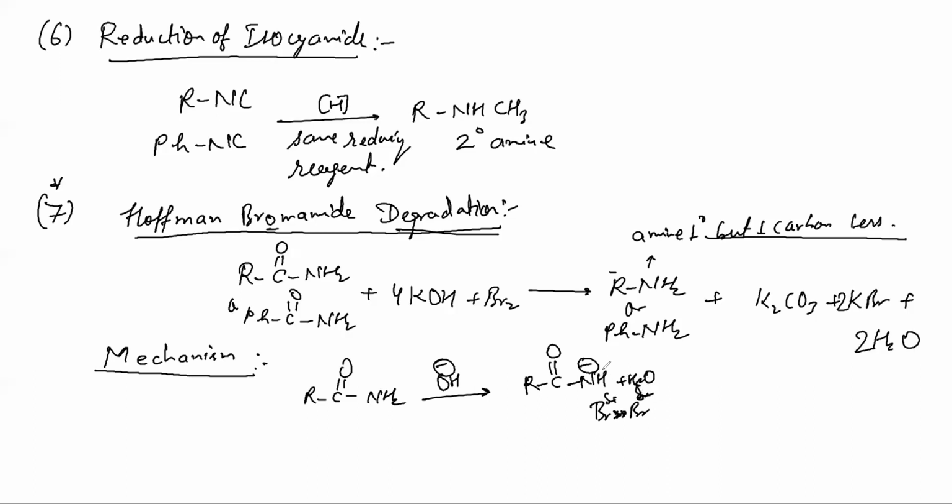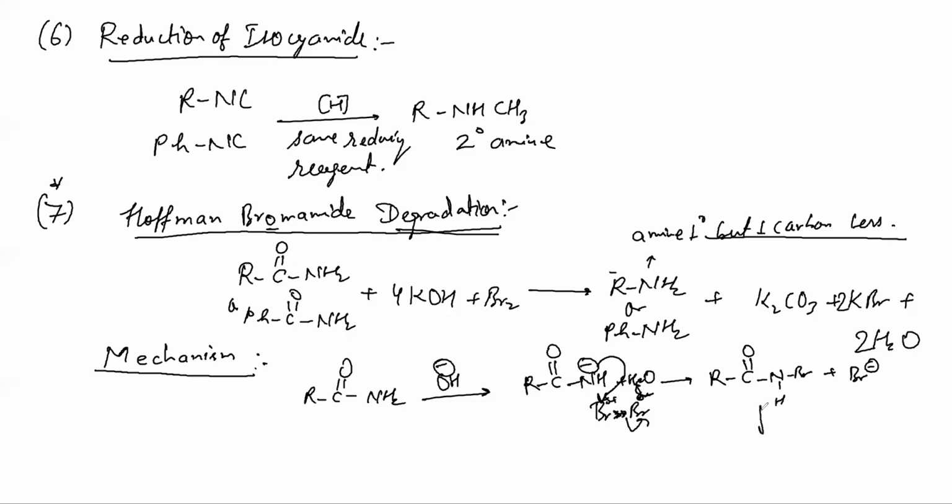This nitrogen will attack and Br will leave. So eventually you are going to get this, plus Br minus. Don't worry about Br minus. This Br minus will combine with potassium to make KBr.